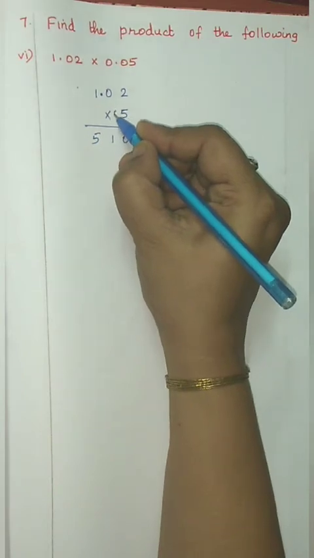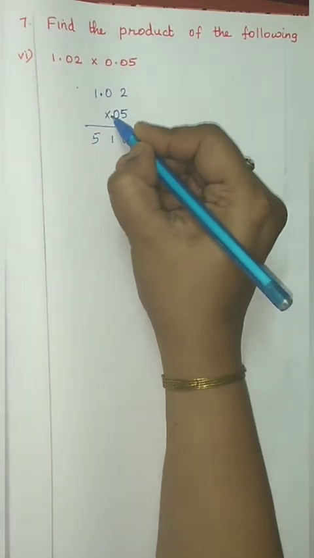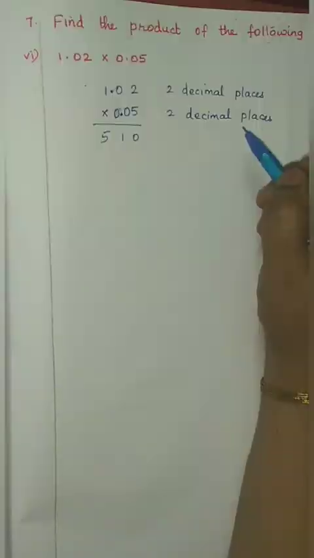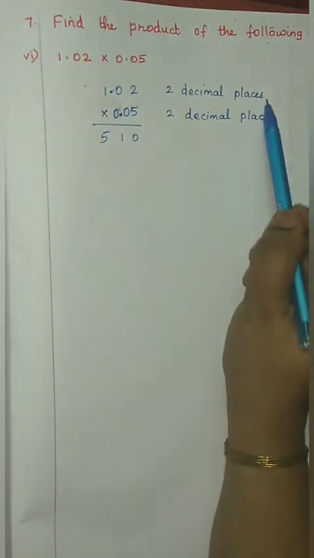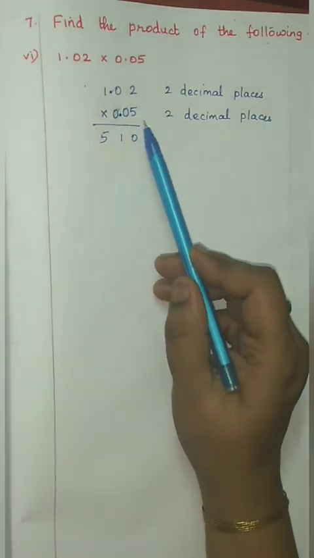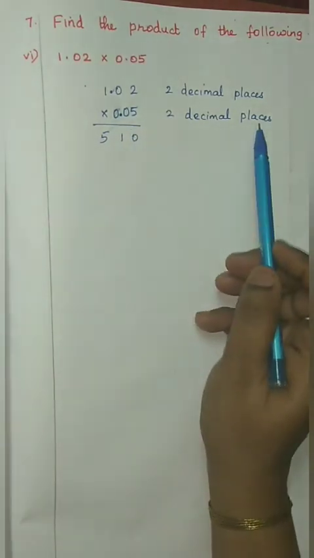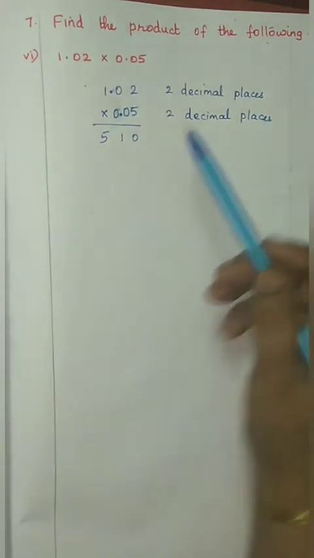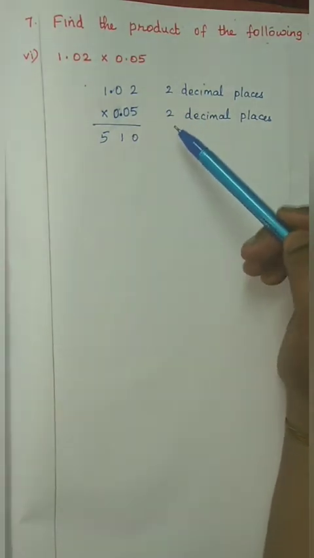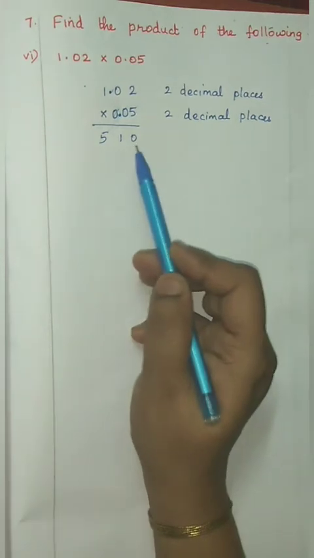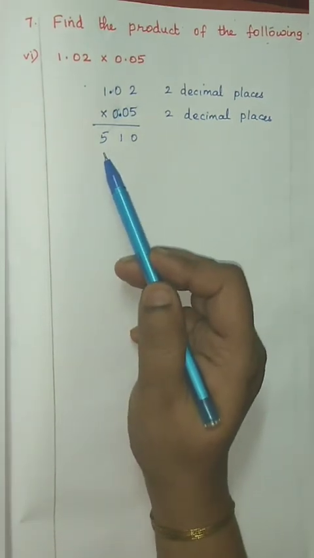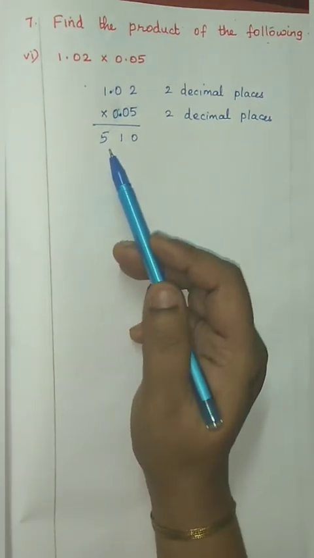Here the first decimal number has 2 decimal places. The second decimal number has 2 decimal places. So in the product we must have 2 plus 2, 4 decimal places. But in the product we have only 3 digits, and we need 4 decimal places. So what to do?